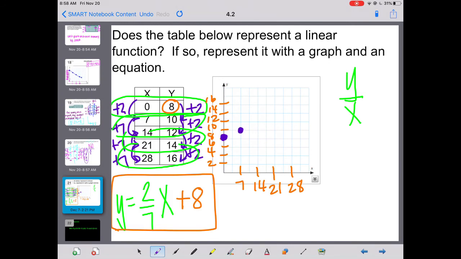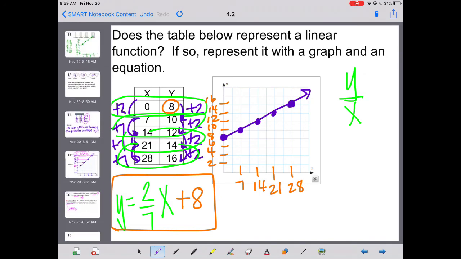All right, when I graph it, my first one is 0 over 0 up 8, over 7 up 10, over 14 up 12, over 21 up 14, and over 28 up 16.